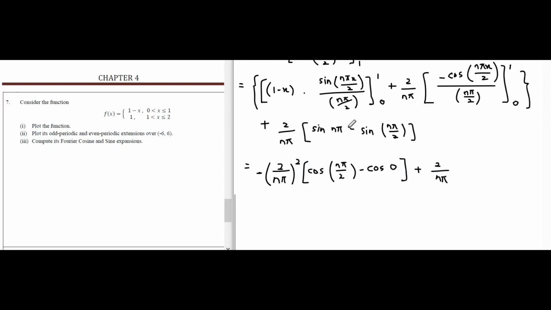sin(n pi) gives the value of 0. Sine 1 pi, sine 2 pi, and so on, they are all 0. So we're left with cos 0 is 1.